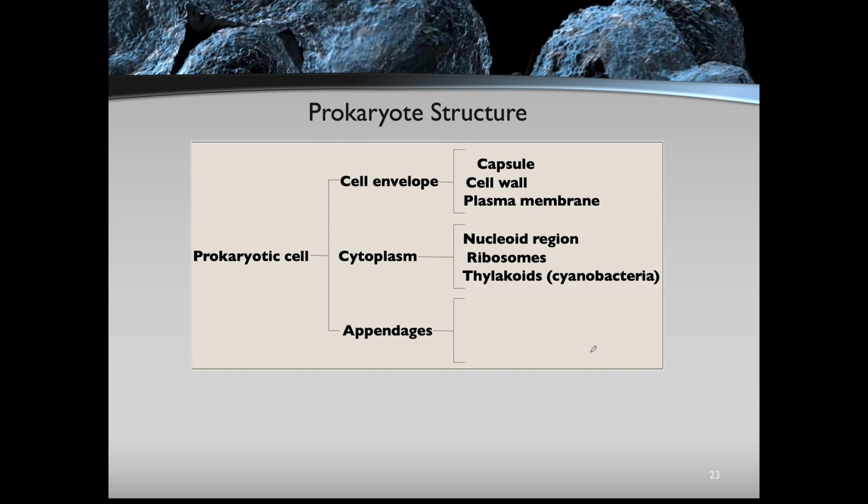Thylakoids we first learned when we studied photosynthesis. Some of the appendages that we find on bacteria are flagella, those whip-like tails that allow for propulsion, conjugation pilus or pili, and those are going to allow for exchange of genetic material, and then fimbriae were kind of the little tiny finger-like projections that allow them to grip and grab onto other cells around them.